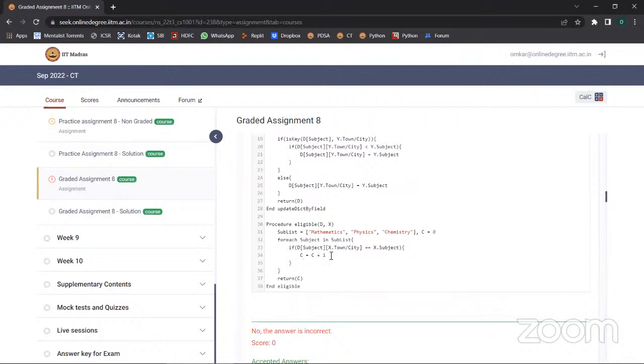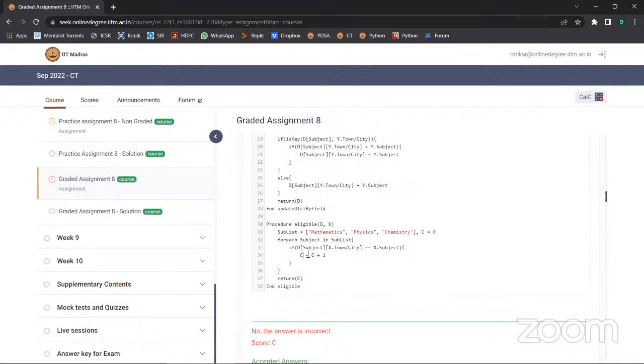Correct. But definitely there will be at least one topper, right? Yeah, one topper for one subject. We are checking for all the subjects in this. Yes, for all of the subjects, for 3 subjects, one topper will be there. So C will always be equal to 3. It will always be equal to 3.